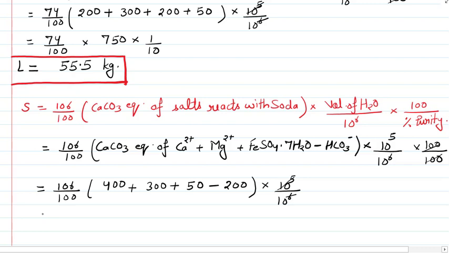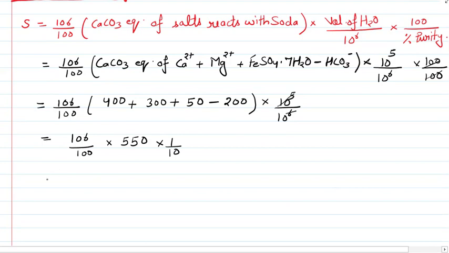We have 106 by 100. After adding and subtracting all these values, we get 550 multiplied by 1 upon 10. Now after our final calculation, we get 58.3 kilograms of soda. This is the final requirement of soda.